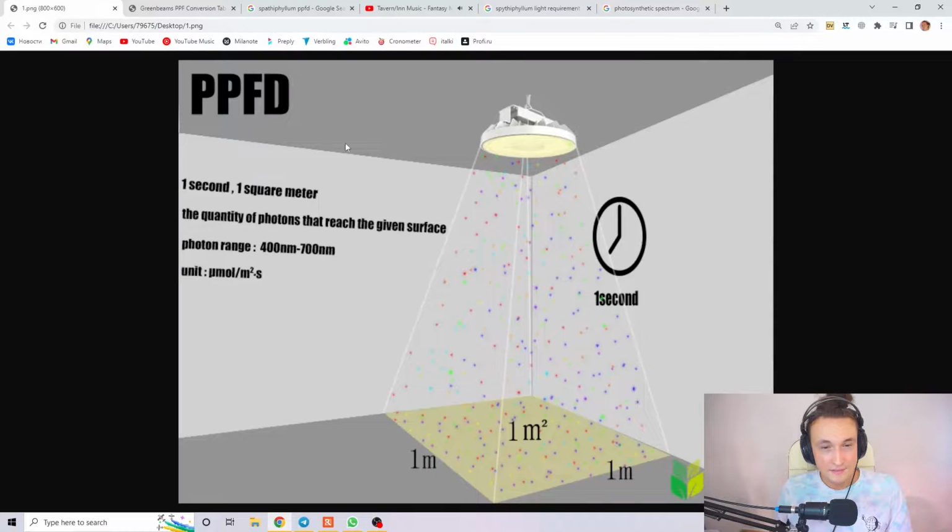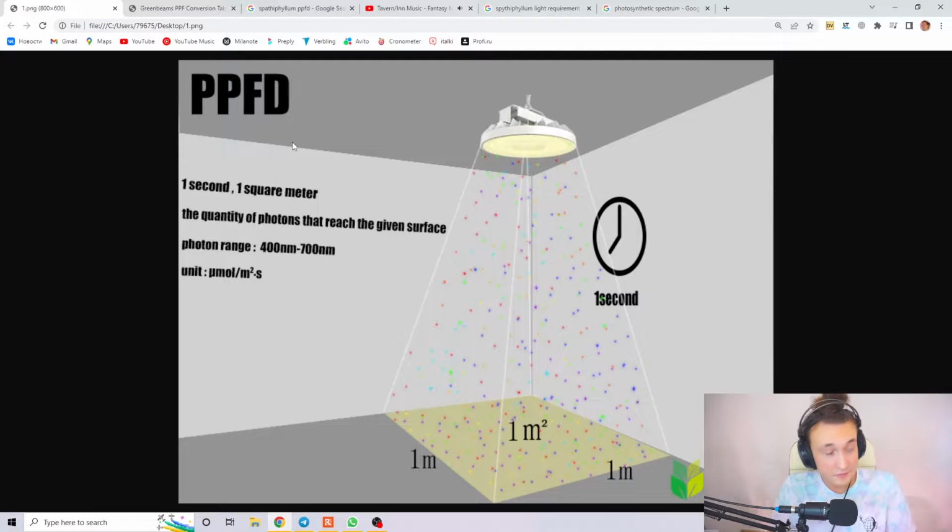for different plants need different PPFD values. PPFD actually means how many photons the plant gets each second. And every plant has different PPFD requirements.